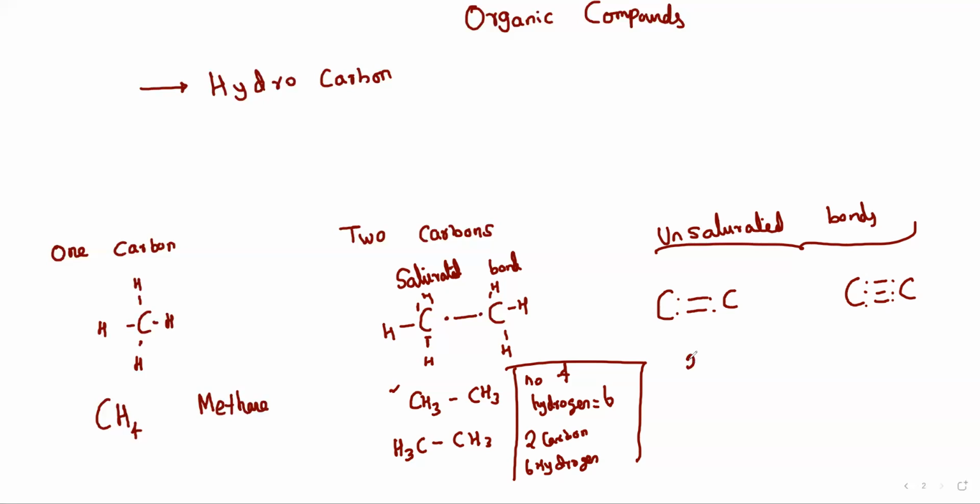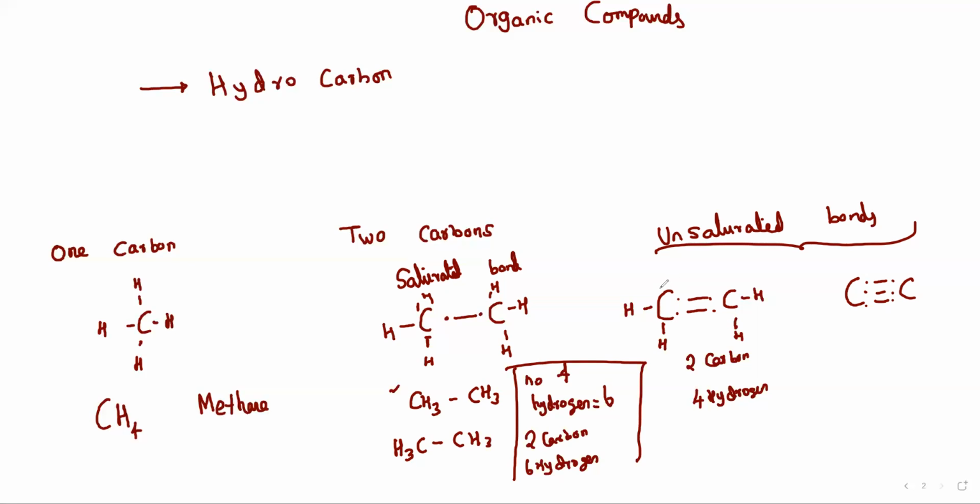But for two carbons, only 4 hydrogens are available. So this carbon makes bond with 2 hydrogens, and this carbon also makes bond with 2 hydrogens.